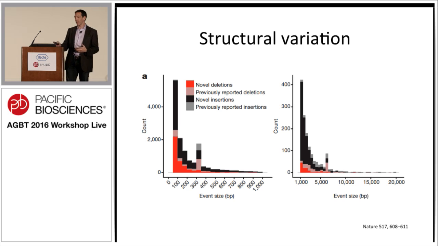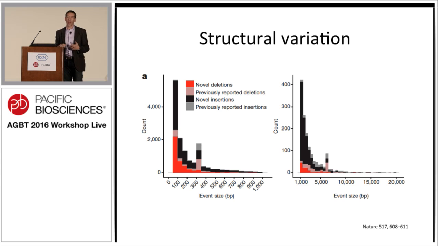So one of the interesting things, this is from Evan Eichler's paper with the PacBio team published in Nature last year on the hydatidiform mole. One of the important things is that you actually can see into these darker areas of the genome where currently we have no insight, and you find a lot of variation.